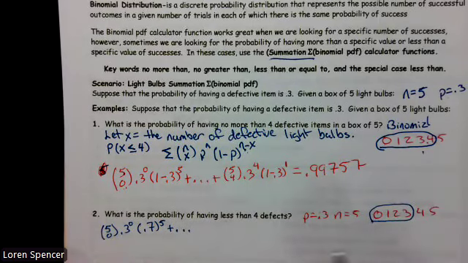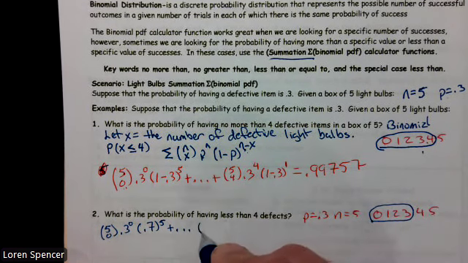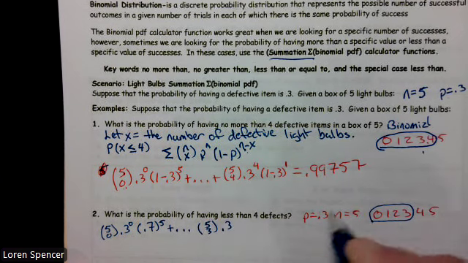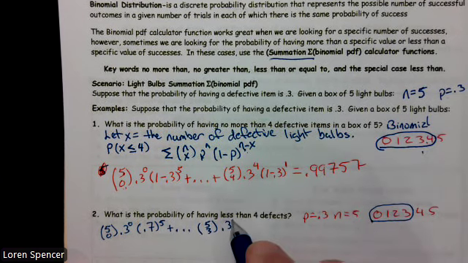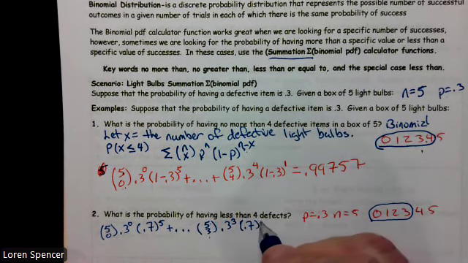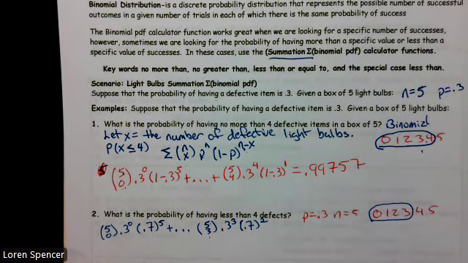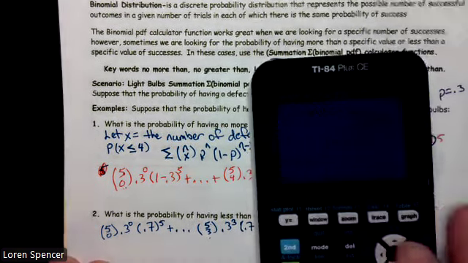It will sometimes, but not this time. The highest value I chose is 3, so this is going to be 5 choose 3, 0.3 to the third power, 1 minus 0.3 is 0.7, and 5 minus 3 happens to be 2. Okay, so there we go.